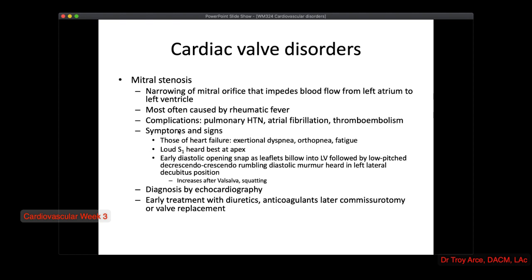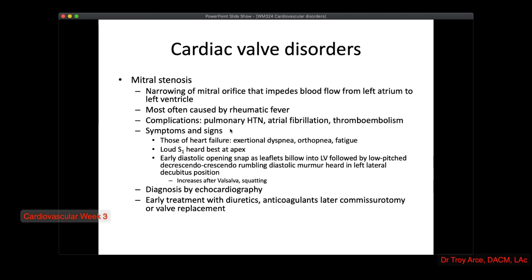Complications are pulmonary hypertension, atrial fibrillation, thromboembolism, and symptoms and signs are those of heart failure. These patients will have exertional dyspnea, orthopnea, and fatigue. There's going to be a loud S1 heard best at the apex.